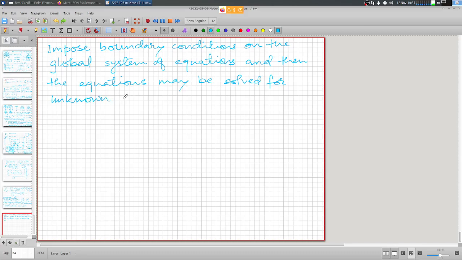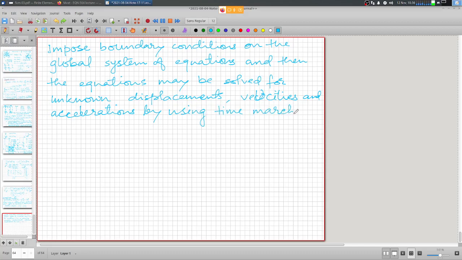Unknown displacements, velocities, and accelerations by using time marching schemes.